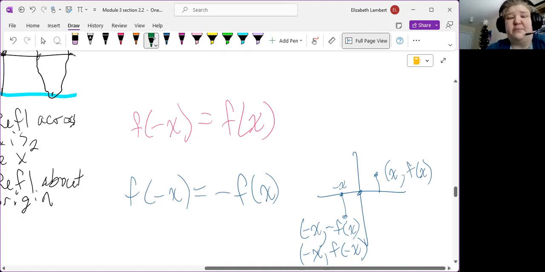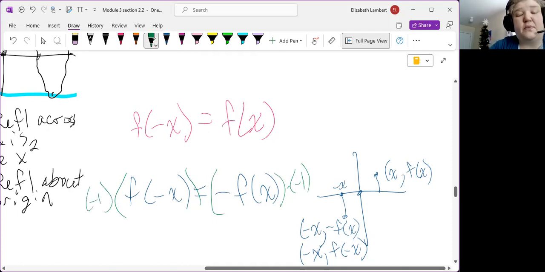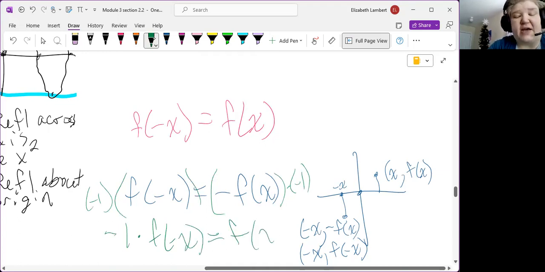The most common manipulation is to take this negative here, and I'm actually going to multiply both sides by negative 1. So now we have negative 1 times f of negative x equals just f of x.